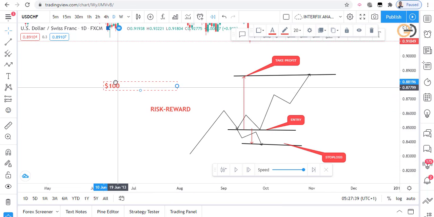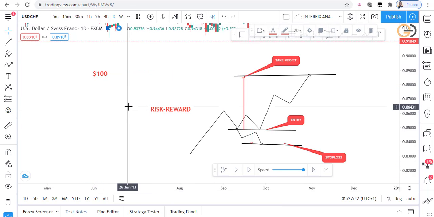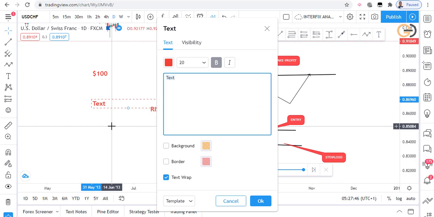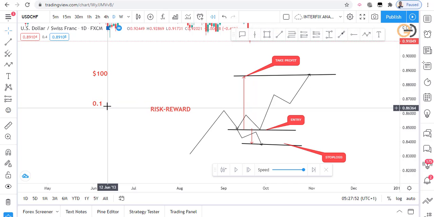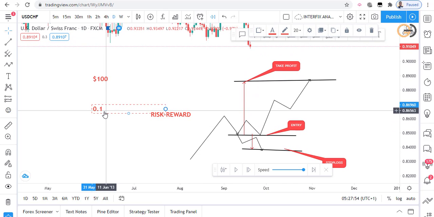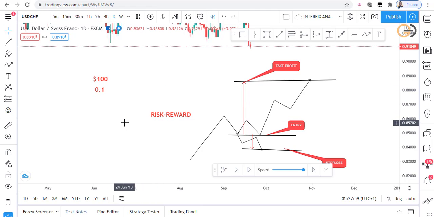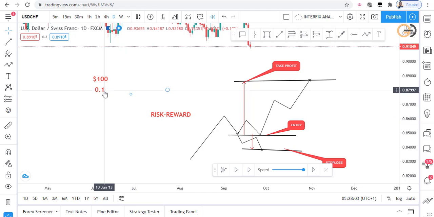If your total account is $100 and you want to take a trade, you are expected to use a lot size of 0.1 per trade. Why are you using 0.1? So that you can be able to minimize risk.